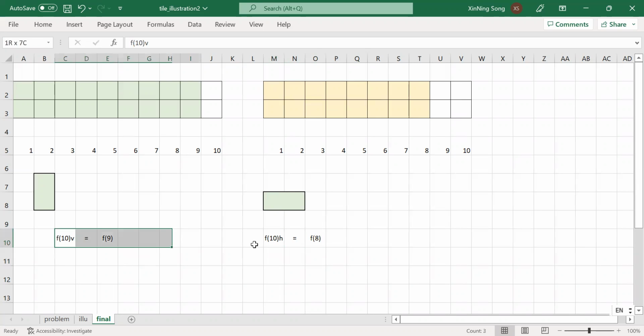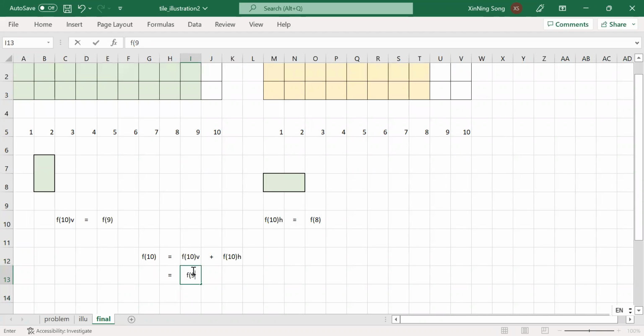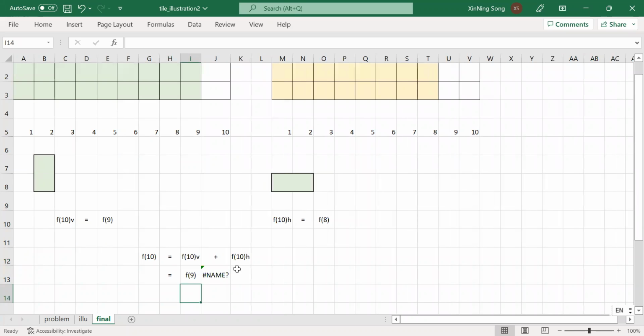And then you combine these, okay? Then you will see that F10 is equal to F10 vertical plus F10 horizontal, which is equal to F9 plus F8.